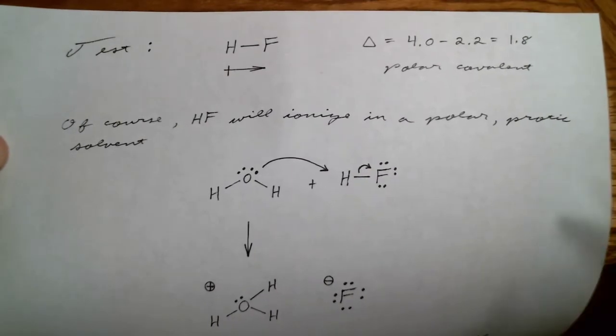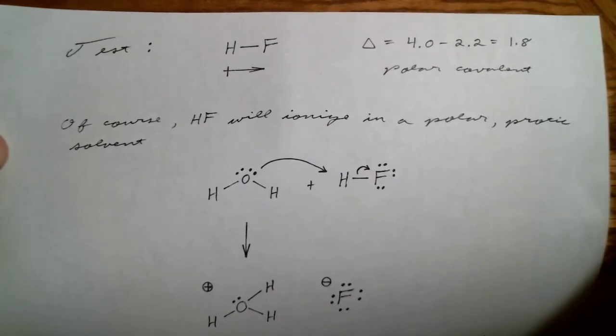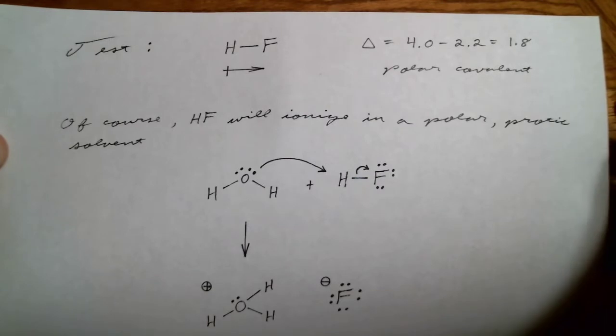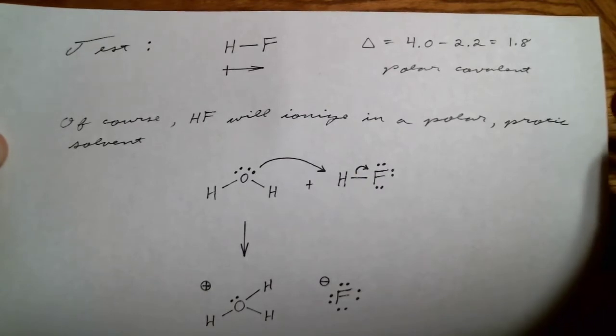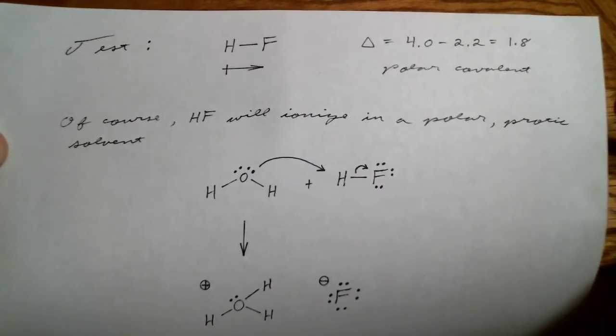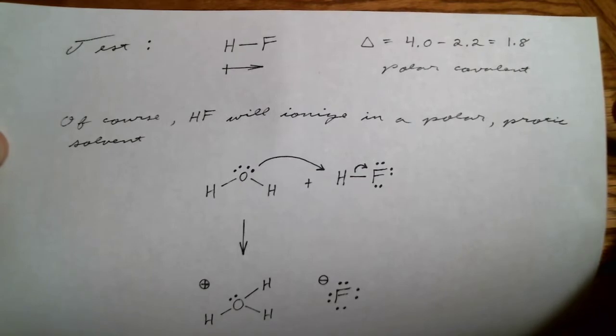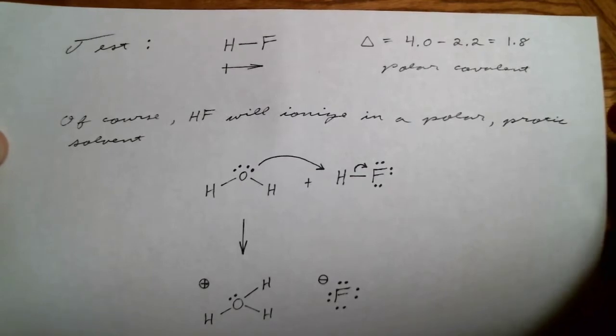If you remember, covalent bonds can have differences in electronegativities between the two atoms of anywhere between 0.1 to a full 2.0 in terms of a difference.